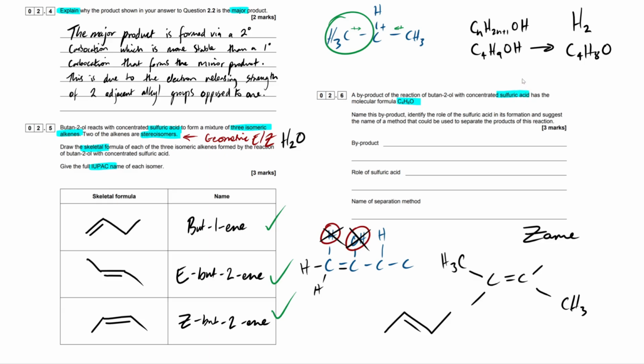Now, when we react butan-2-ol with conc H2SO4, we actually get oxidation occurring. This H2SO4, sulfuric acid, acts as an oxidizing agent. That's primarily due to the oxidation state of sulfur within H2SO4 being pretty high. It's actually +6. When a charge is this high, it can quite commonly act as an oxidizing agent.